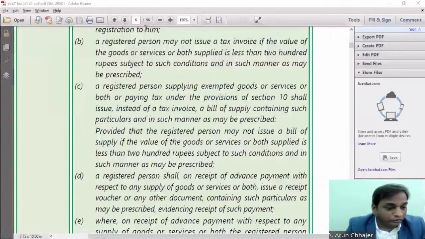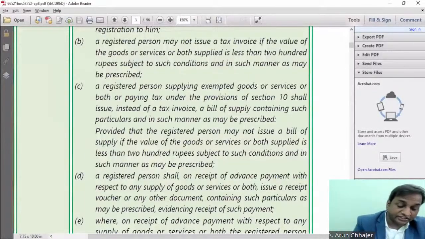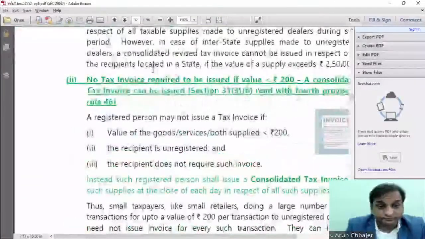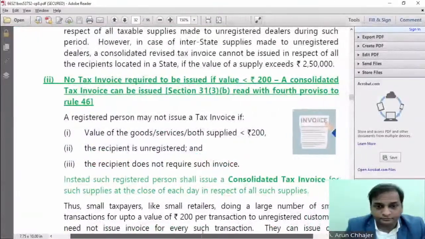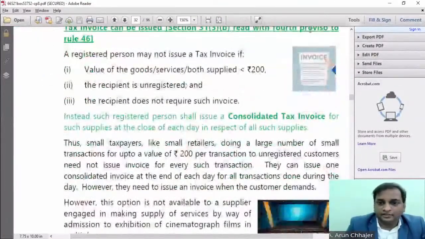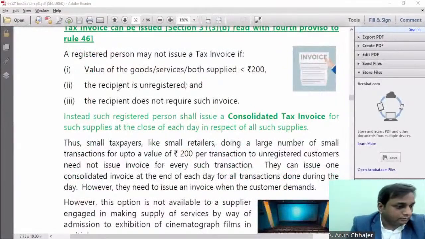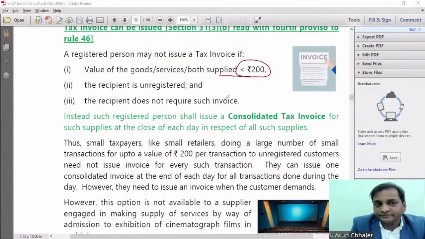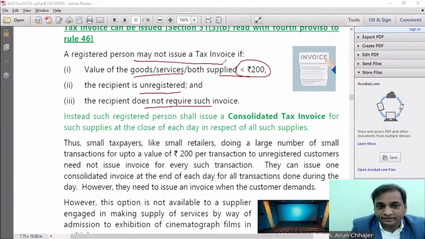So what is the condition? The value is less than 200. It can be goods or services. The recipient is unregistered and does not require an invoice. So he may not issue the tax invoice.